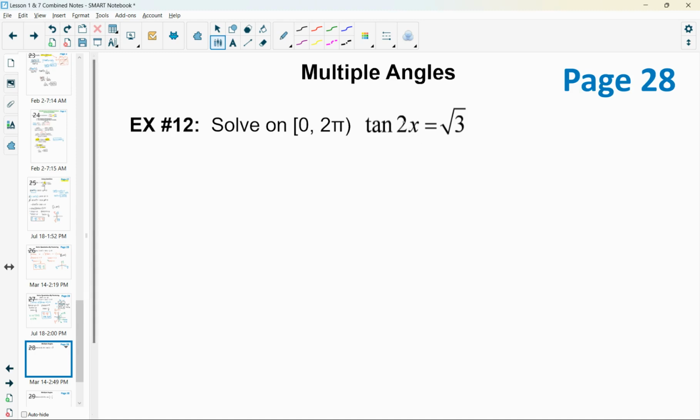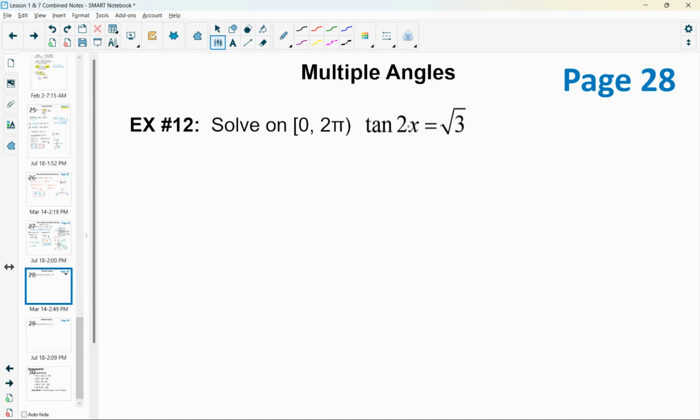Okay, number 12 then just has one function in it. And so for this one, now we got to be careful because this has a double angle on the inside, okay? So we're just going to pretend that that's not there right now, and we'll deal with that in a second. So we want to figure out when does the tangent equal the square root of 3. And so remember, for tangent, you're going to get square root 3 if you had square root 3 over 2 divided by 1/2.